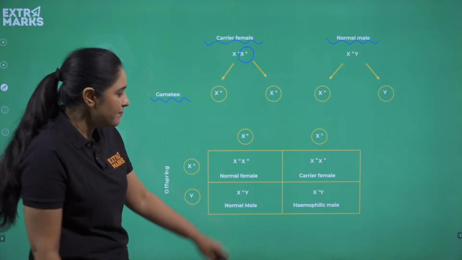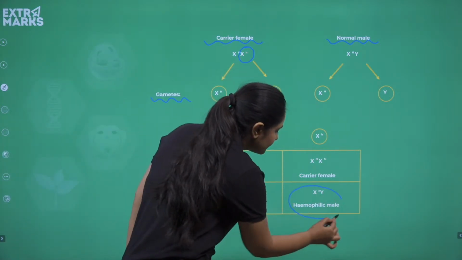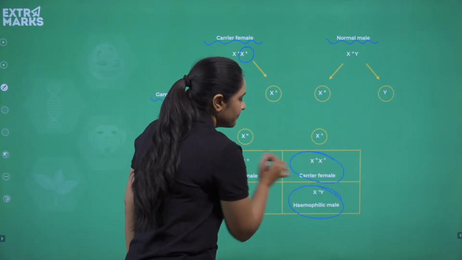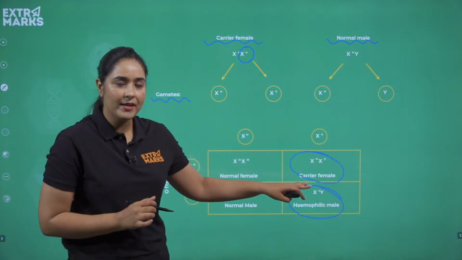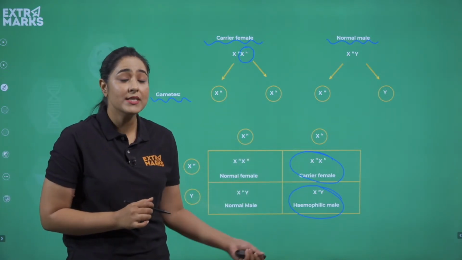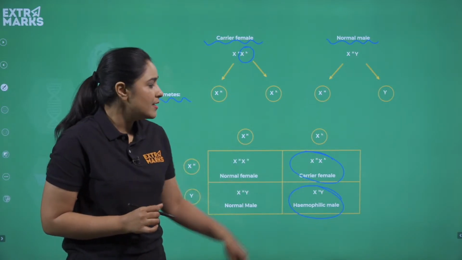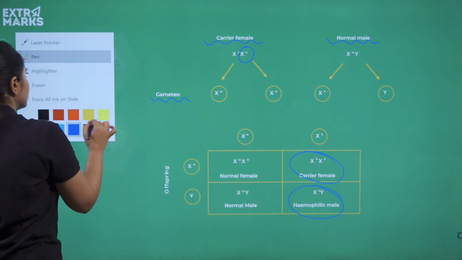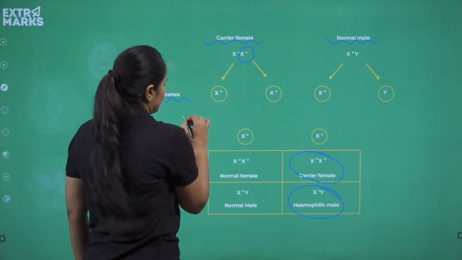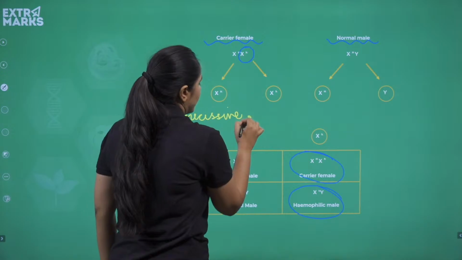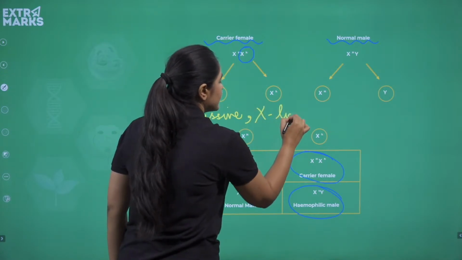So obviously the male here is hemophilic, but the female here is carrier. So she has inherited this mutant allele, but she is not having this disease, because this kind of disorder is X-linked and recessive.